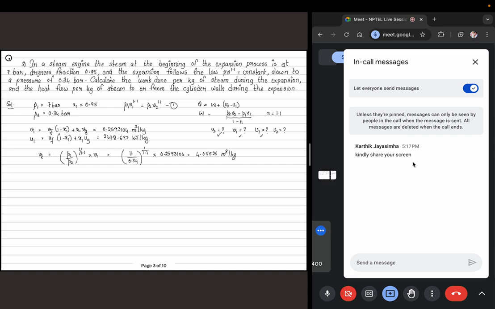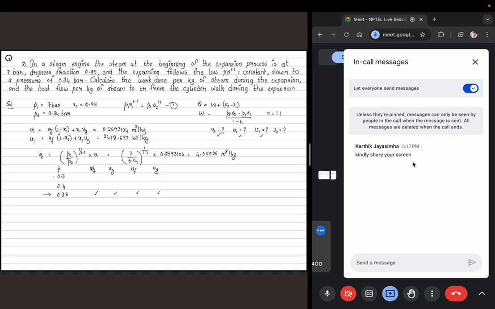How do I interpolate it here? You have a table at P equal to 0.3 and you have something at 0.4 bar. If this is my pressure, you can calculate Vf, Vg, Uf and Ug. So from this you use a linear interpolation and then determine the value of Vf, Vg, Uf, Ug at 0.34 bar.